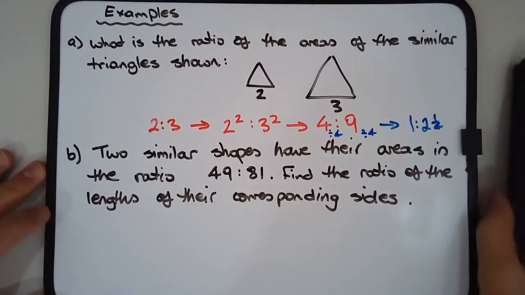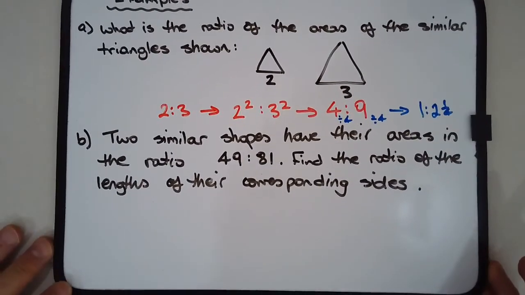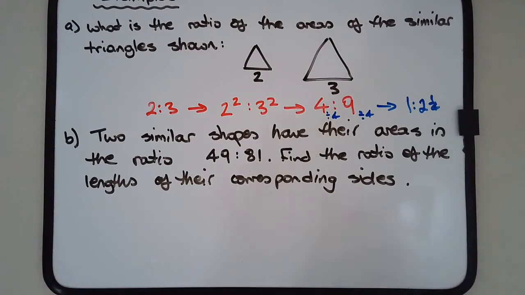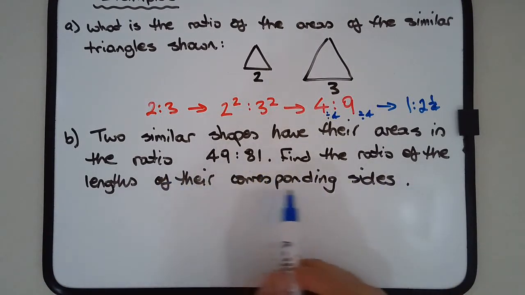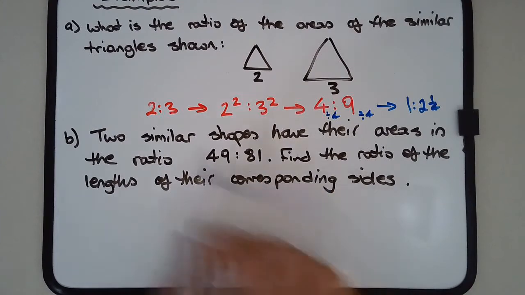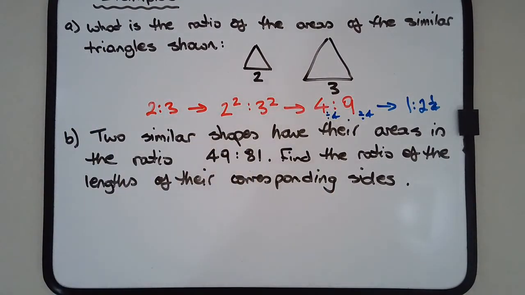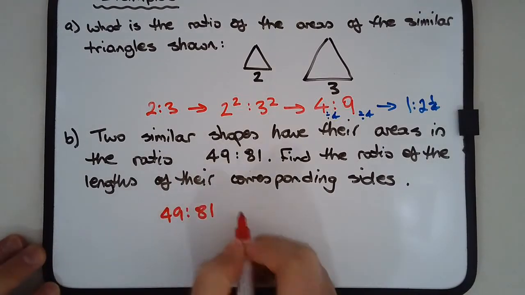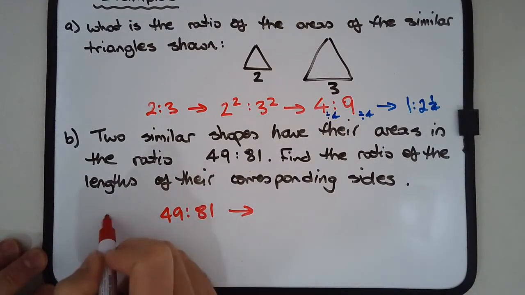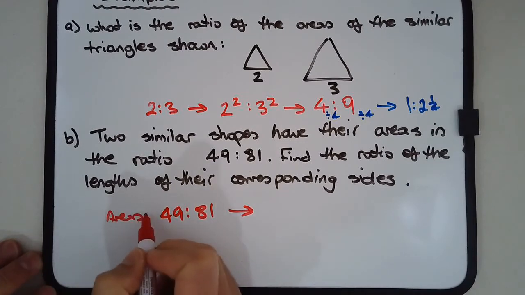Let's have a look at part B. Two similar shapes have their areas in the ratio 49 to 81. Find the ratio of the lengths of their corresponding sides. So this is really the converse of part A. 49 to 81. Okay, so this is looking at their areas.